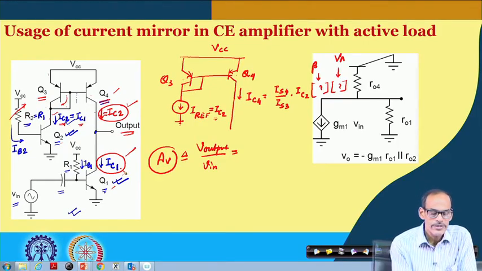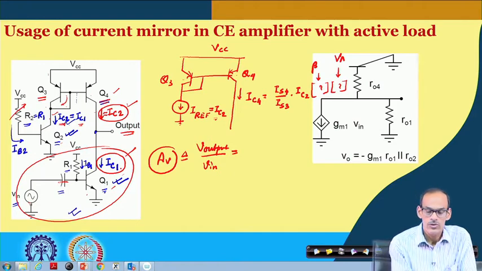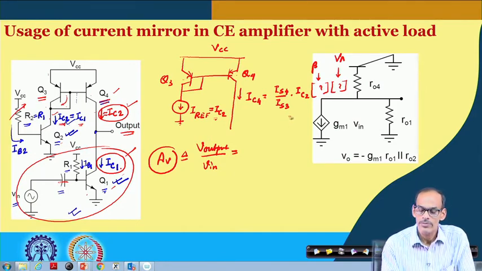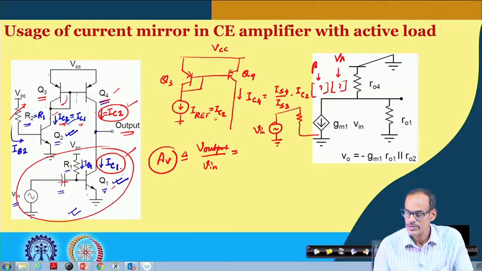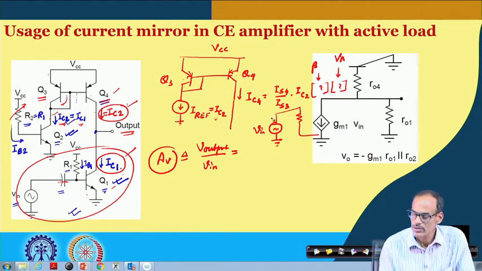So, if you consider this part, the small signal equivalent circuit where this capacitor works as a short, we have V in coming directly to the base. Let me use a different color, otherwise you may get confused here. Yeah, so we have V in here.